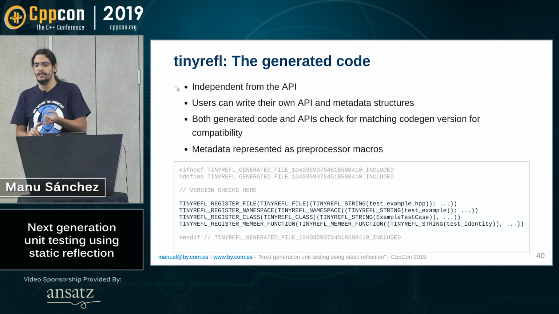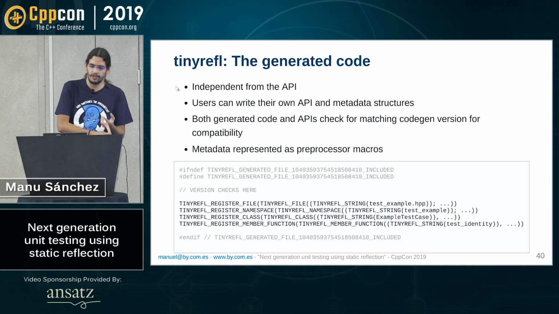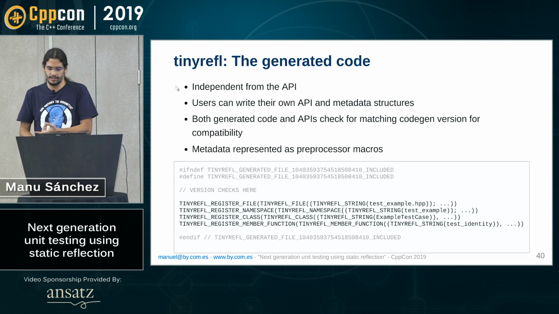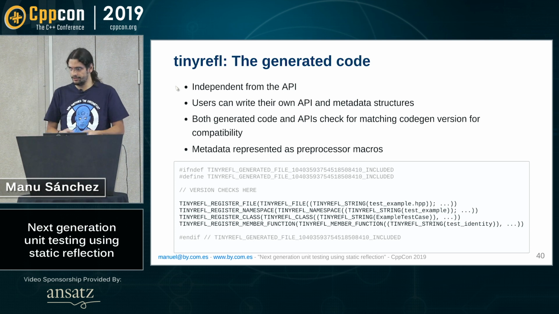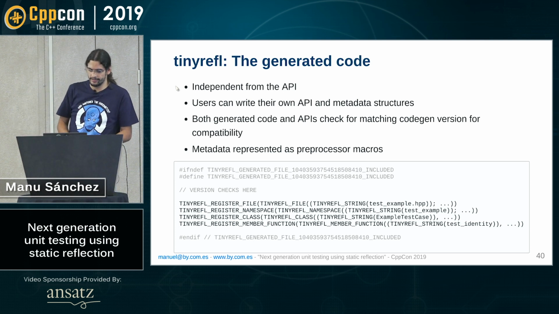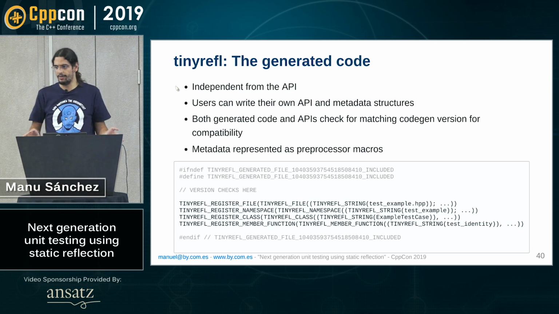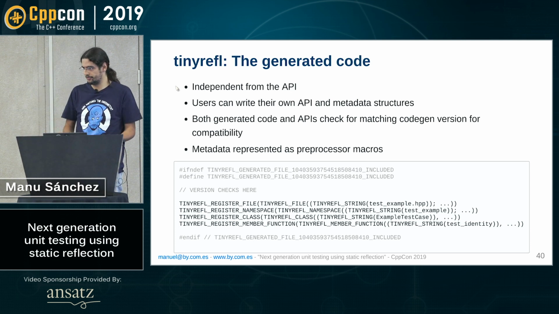You can define what is a class, what is a member function, what is an enumeration, what is an enumeration value, how a class is registered into your system, whatever. Everything is declared as a simple macro that you can redefine and do whatever you want, okay?